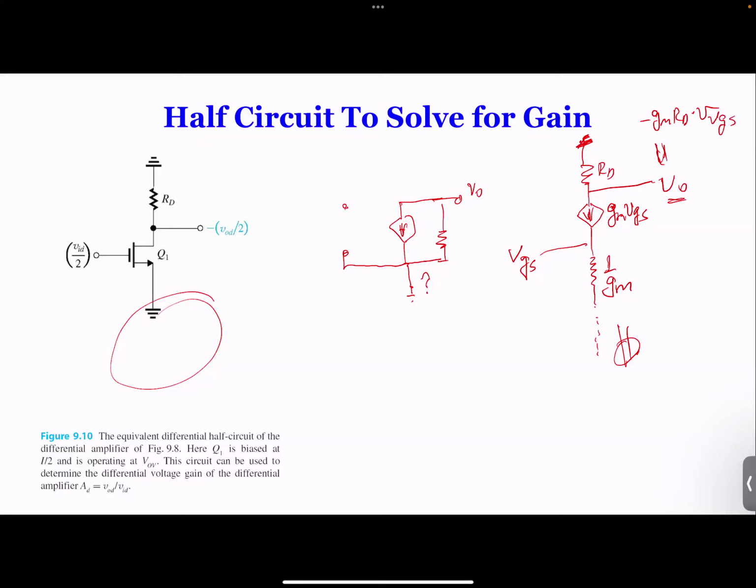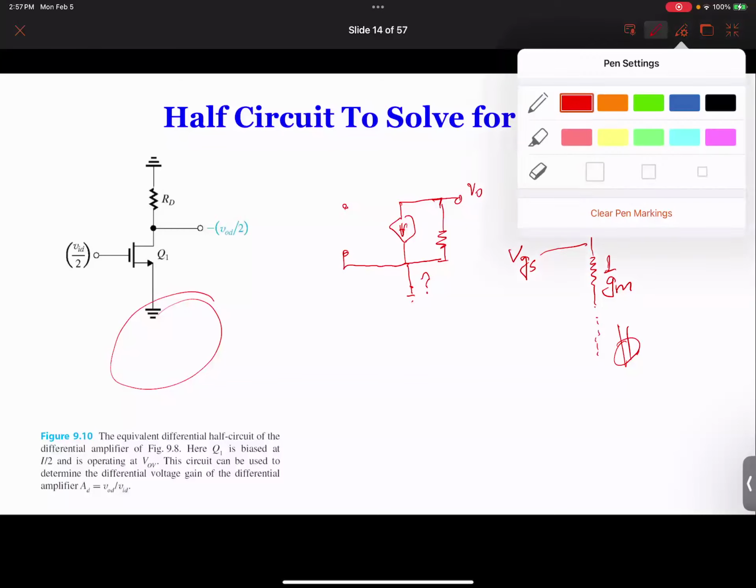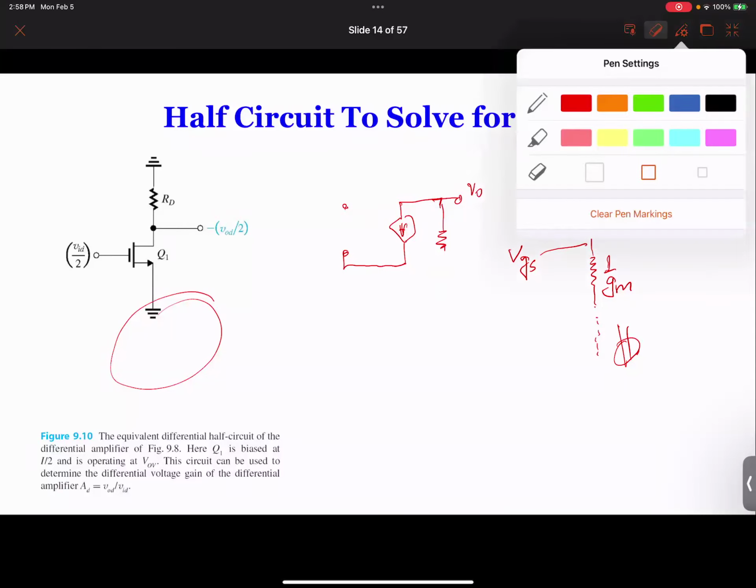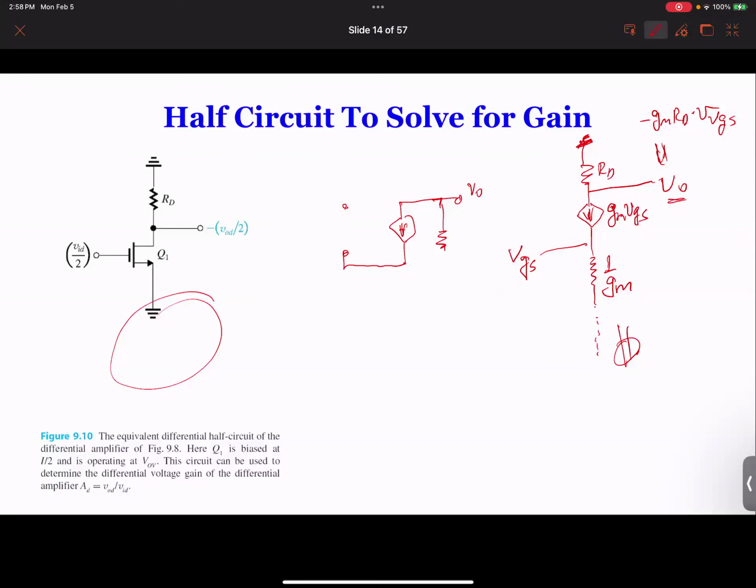But in the previous circuit, if we don't have the virtual ground, the circuit is slightly different, and you're going to have real trouble figuring it out. So this is it, and this is the ground, right? If the current doesn't have a way to flow, eventually the current has to go somewhere, right?